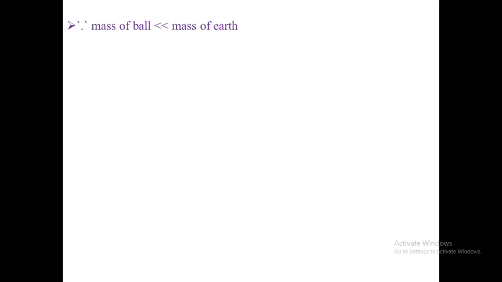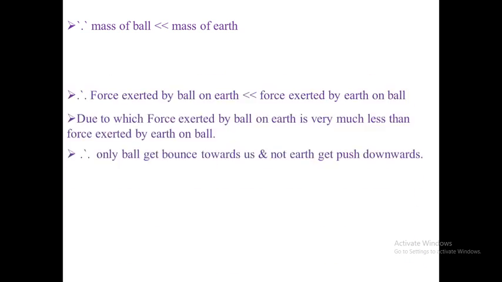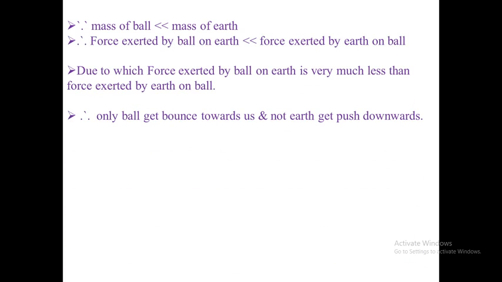So in this case, mass of the ball is very much less than mass of the earth. Okay, this means what? This means force exerted by the ball on the earth will be very much less than force exerted by the earth on the ball. Means action force is very much less than reaction force.